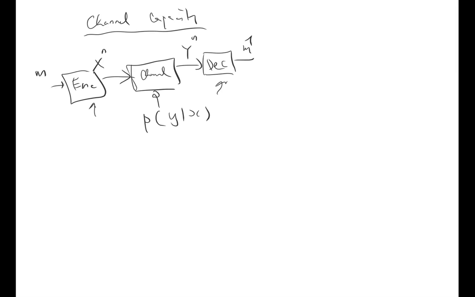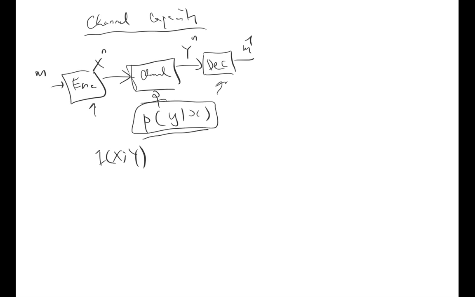As long as I'm given this, information theory says the capacity is very simple. The capacity is simply equal to Ixy. The input is given by a random variable X, the output by a random variable Y, and of course Y depends on X based on the channel characteristic.